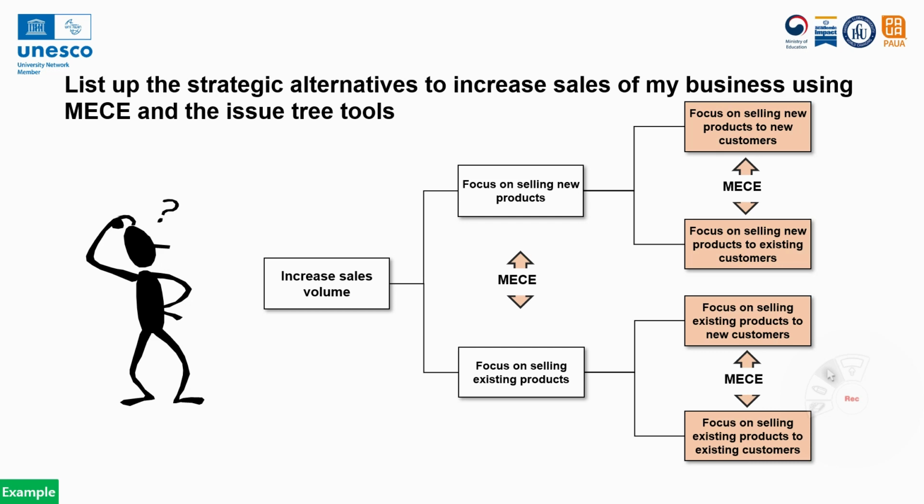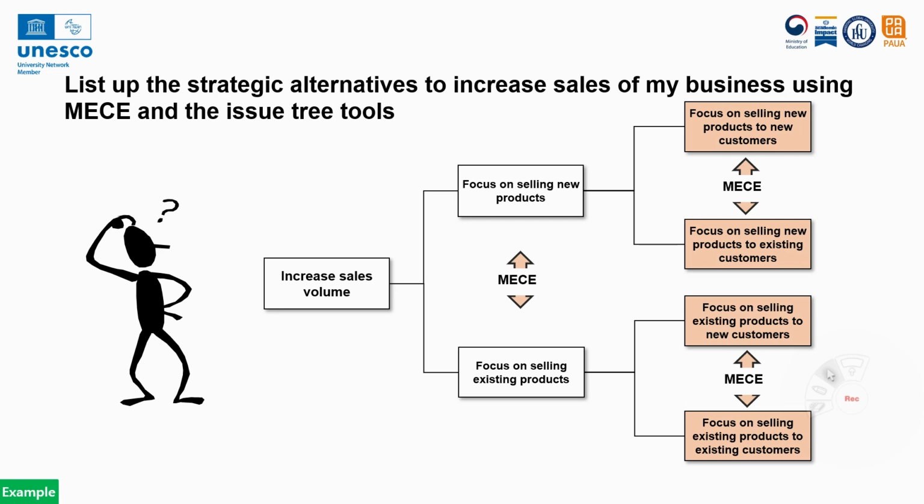One is strategy about product selling and strategy about customer development. So as I have explained, I may choose to focus on selling new products to new customers, or focus on selling new products to existing customers, or focus on selling existing products to new customers, or focus on selling existing products to existing customers.